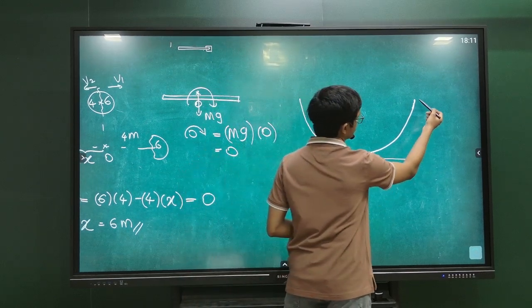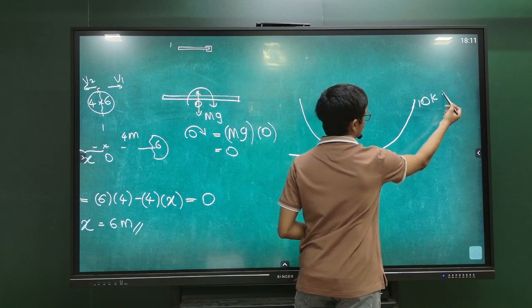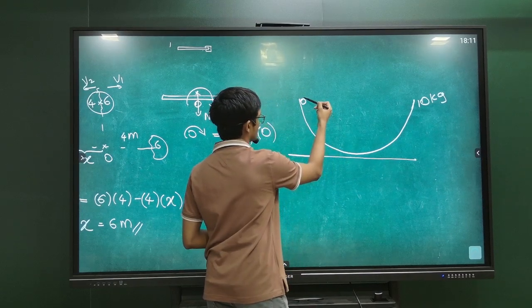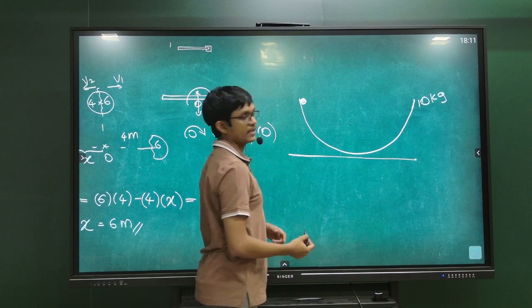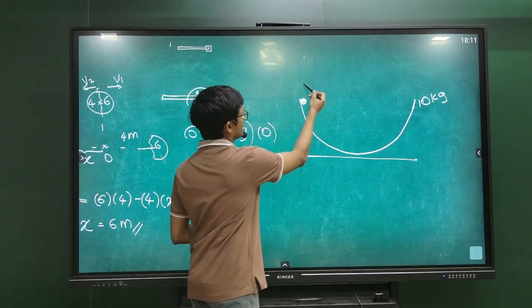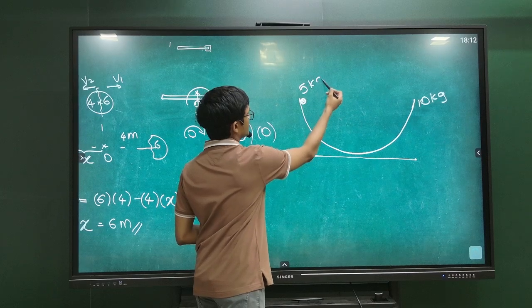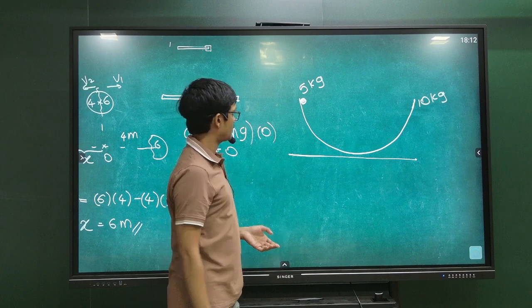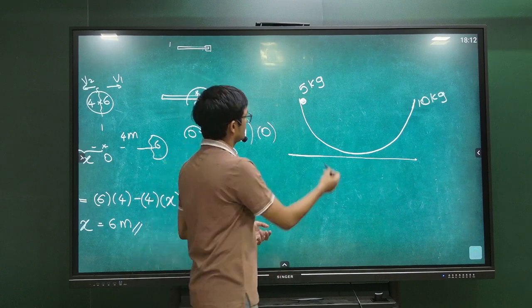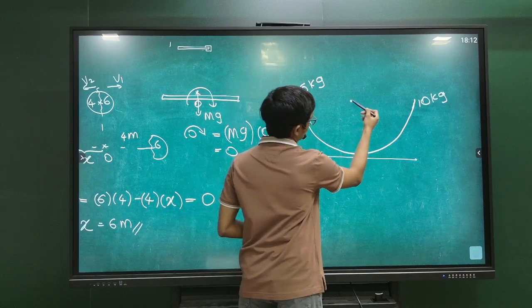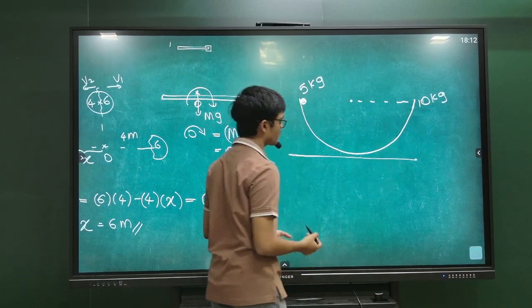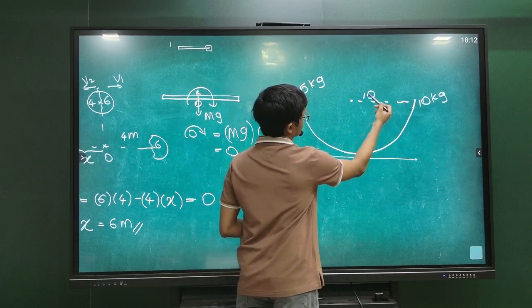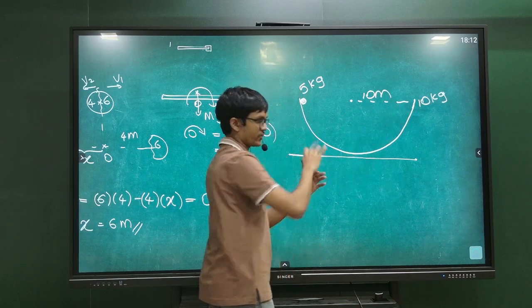Weight of this one is 10 kilograms. You place a small ball here. Its weight is 5 kilograms. This is a hemisphere. Its radius is 10 meters. There's no friction anywhere.